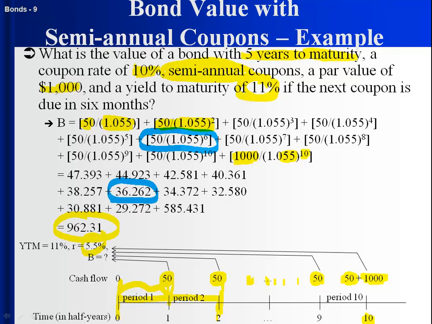So if it's annual, you divide it by 1.11 to the third. Here we divide it by 1.055 to the 6th. It's semiannual. And again, the reason the bond is 962.31 is because the value of all 10 of the coupons, and you can see them there, plus 585.43, which is the value of 1,000 in 5 years, discounted by 5.5% every 6 months, 962.31.